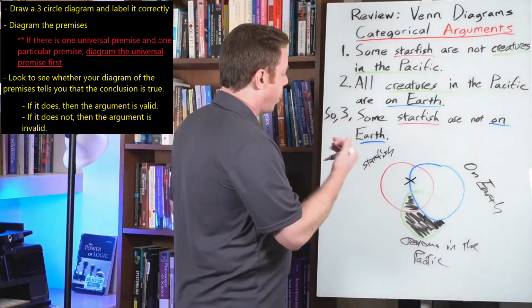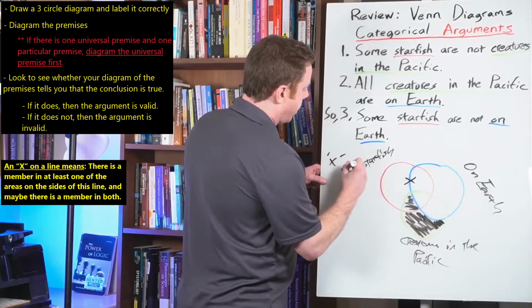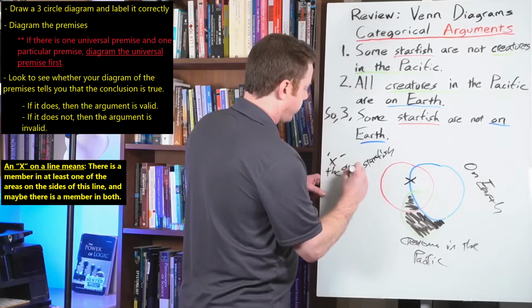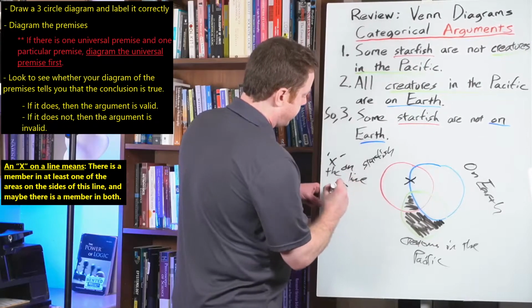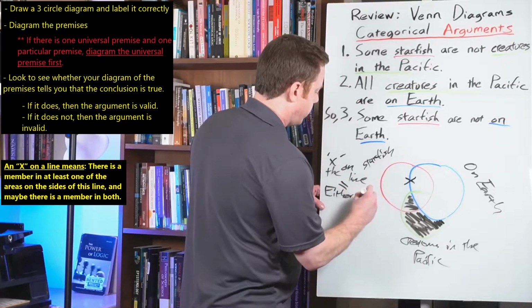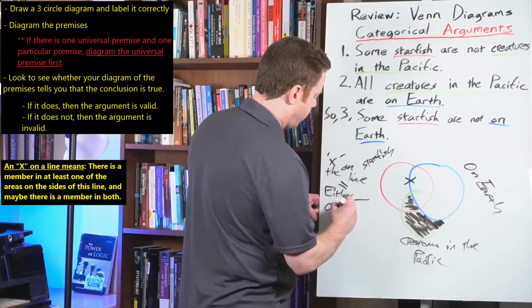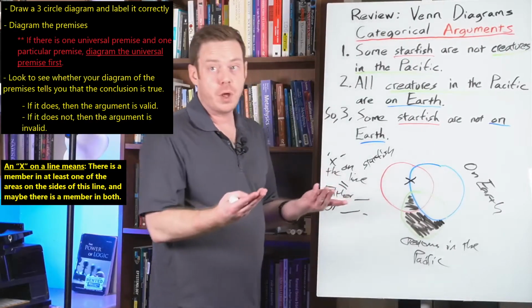It's an either-or. So X on the line, that's the same thing as an either-or. So either this or that, or both.